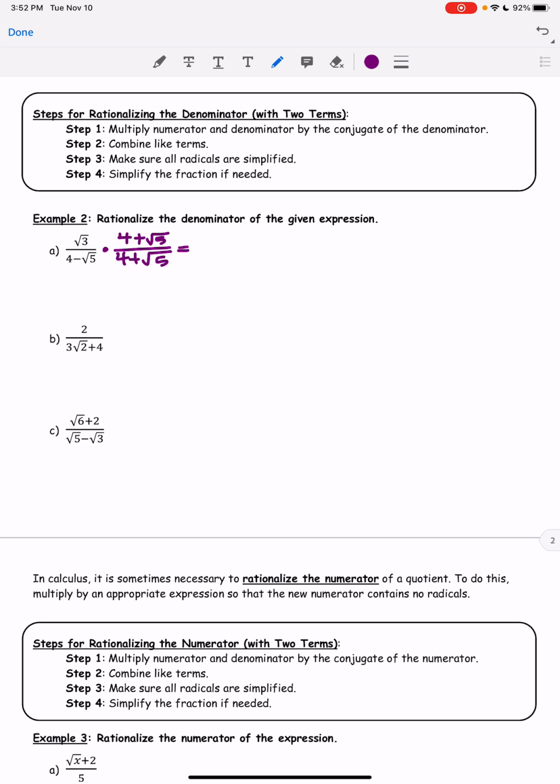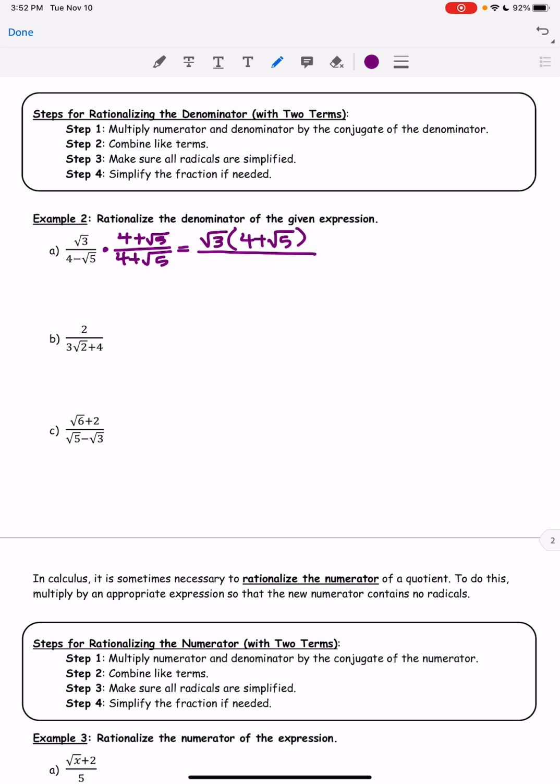On the top, I'm not going to multiply that out. I'll do it and show you they're the same expression, but a lot of times it's easier if you don't distribute that. So I'm going to keep that as square root 3 times 4 plus square root 5, over... How do you multiply two binomials together?